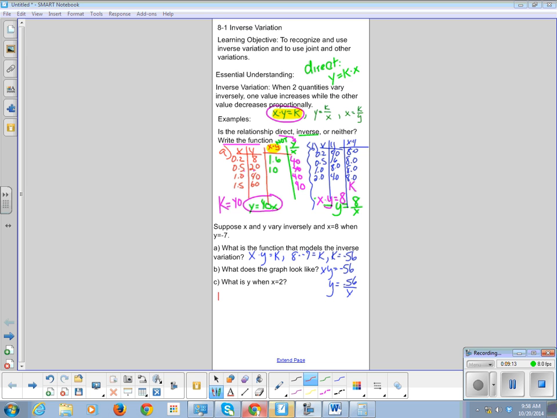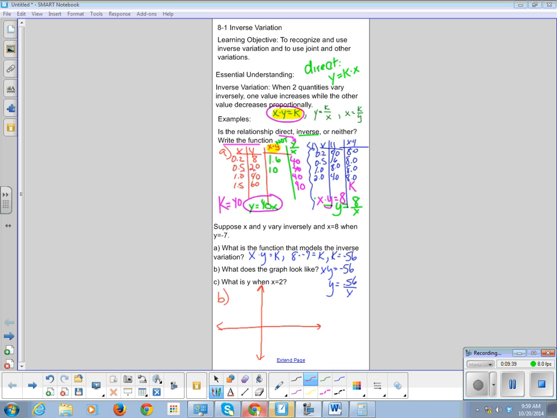So I'm going to do B down here. And on my graph, I think I'm going to go in increments of 4.